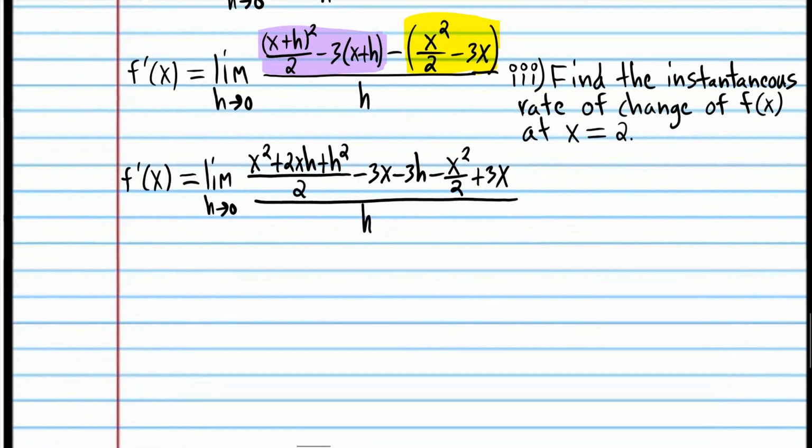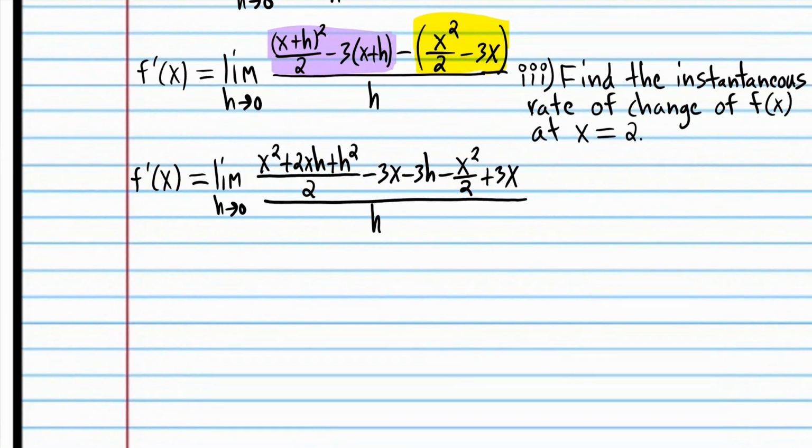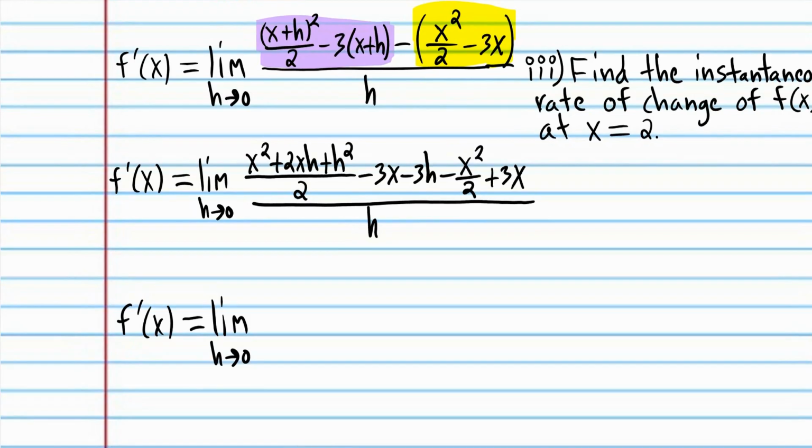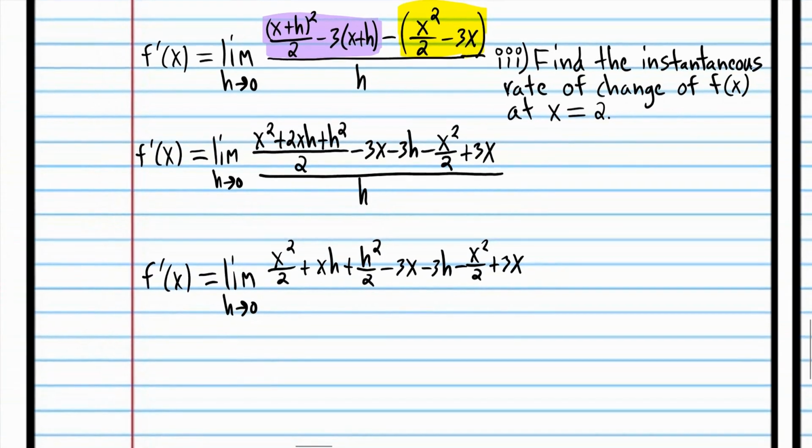So let's continue to simplify. I'm going to divide this polynomial by 2, so we get x squared over 2 plus xh plus h squared over 2. And you can see that some of these terms cancel out. This term cancels out.